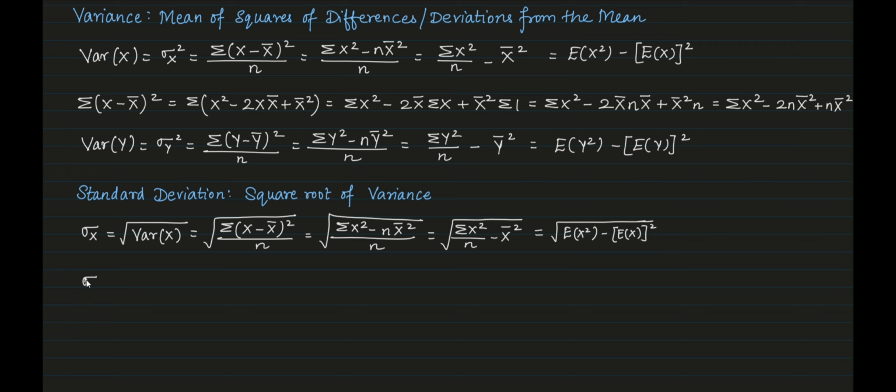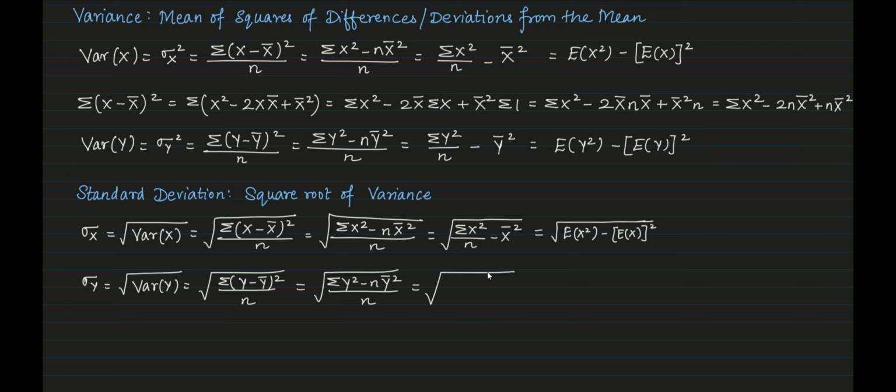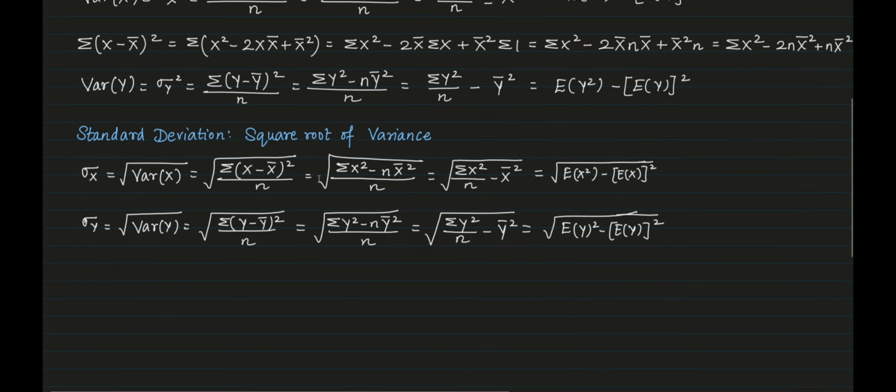Similarly, standard deviation of y is calculated as square root of variance of y, that is square root of summation y minus y bar the whole square by n, square root of summation y square minus n times y bar square the whole by n, that is square root of summation of y square by n minus y bar square, which is the square root of expectation of y square minus expectation of y the whole square. Next we move on to covariance.